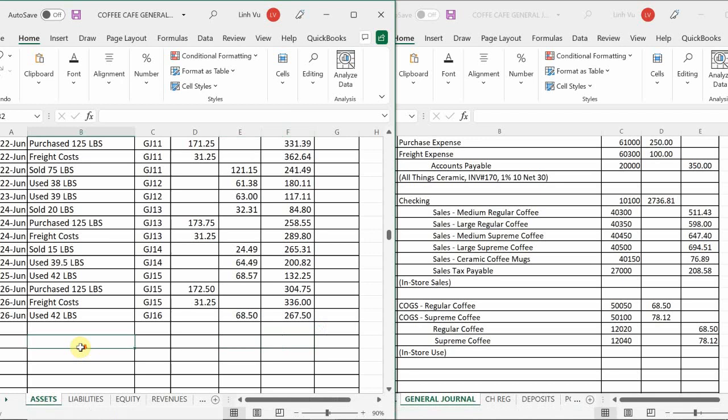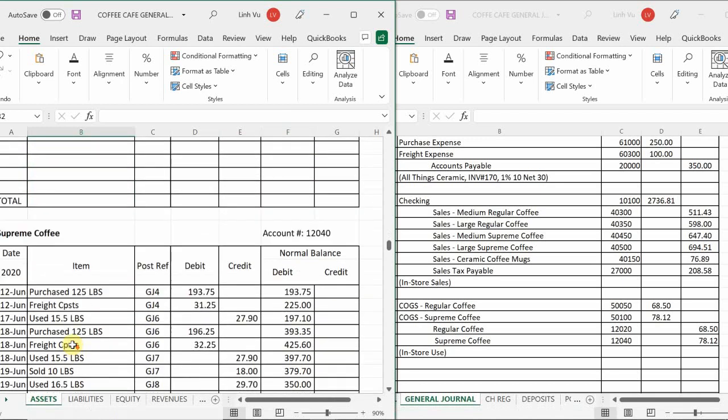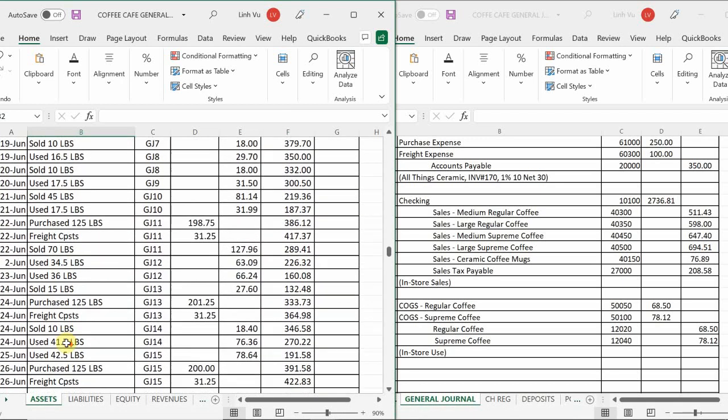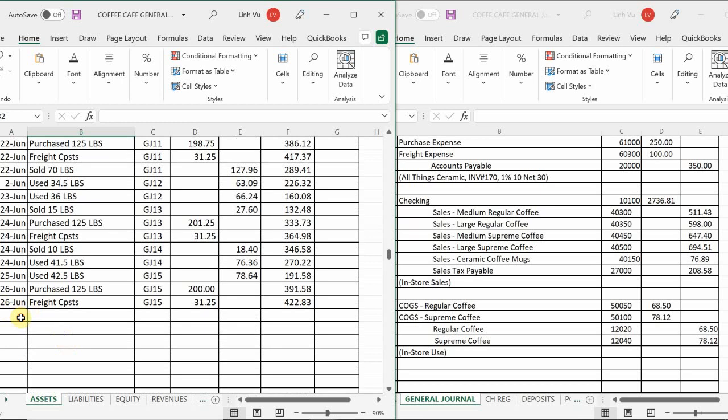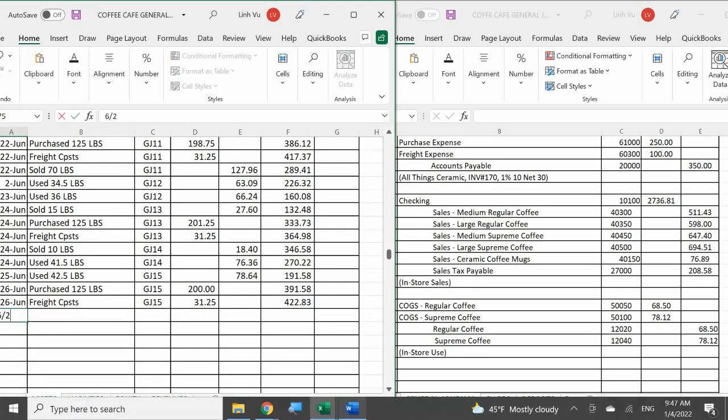All right. Last one here. We used 42 pounds for 78.12.